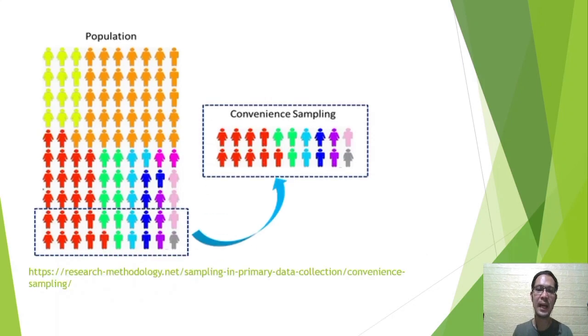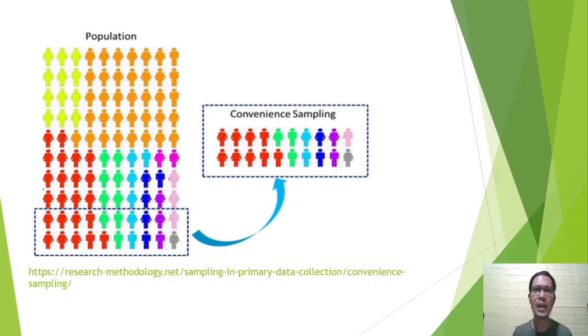So those are the examples of probability sampling techniques. Let's proceed now to the non-probability sampling techniques. We have convenience sampling. What is convenience sampling? It is a sampling technique that attempts to obtain a sample of convenient elements, where the selection of sampling units is left primarily to the interviewer.